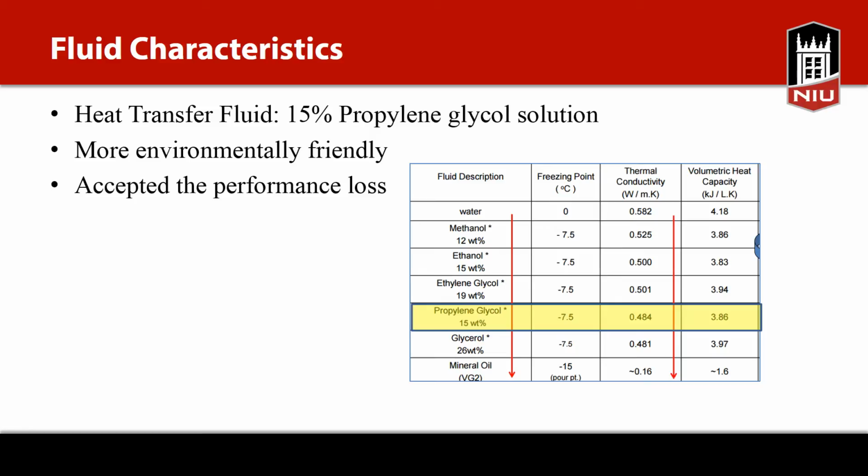This anti-freezing additive is important because at a certain time of year, the temperature of the refrigerant loop could drop below the freezing point, which could cause a pipe to burst. This solution has a transfer coefficient of 0.484 watts per meter Kelvin, which means it has a loss of performance compared to just water alone, but it was deemed acceptable because of its benefits.